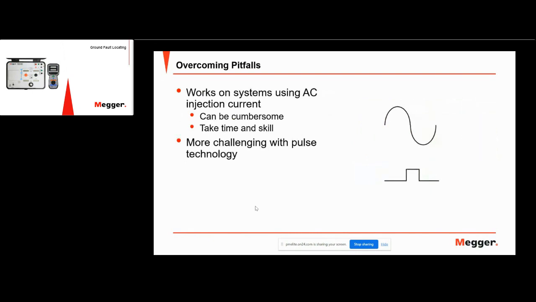Now, keep in mind, when you're tracing, you're going to get on a line, you're going to see current. So let's say my total injection current into my ground fault is 5 milliamps. I go to the panel and I see 3 lines drawing current.